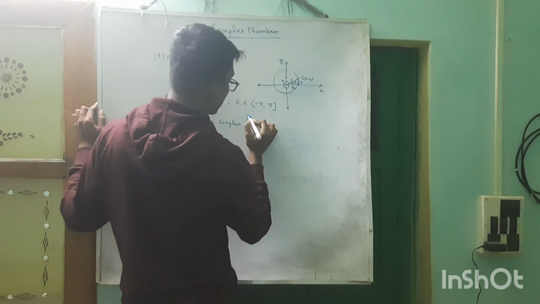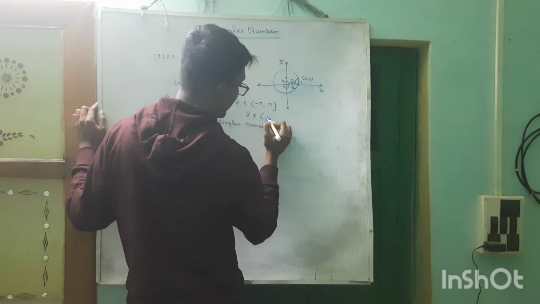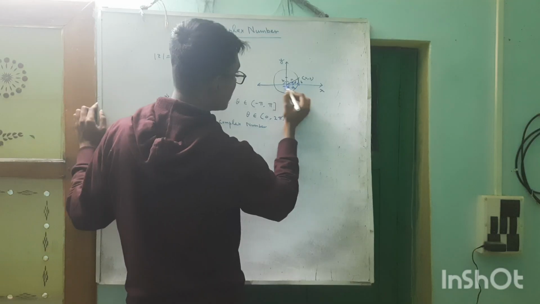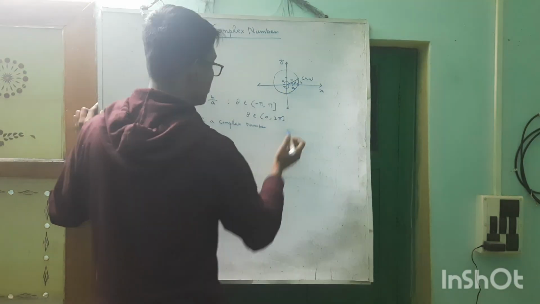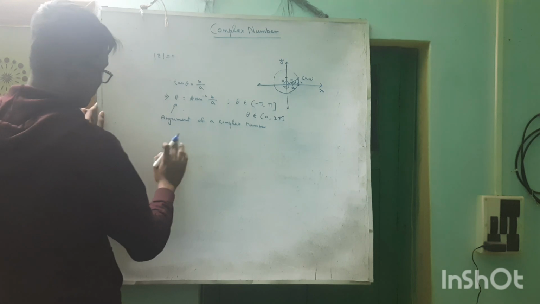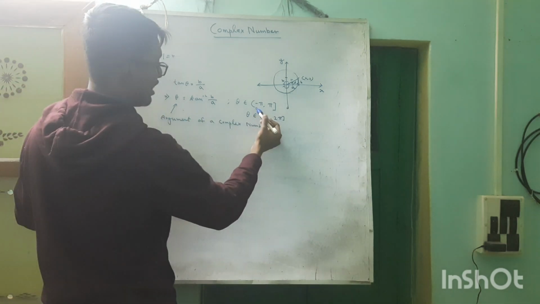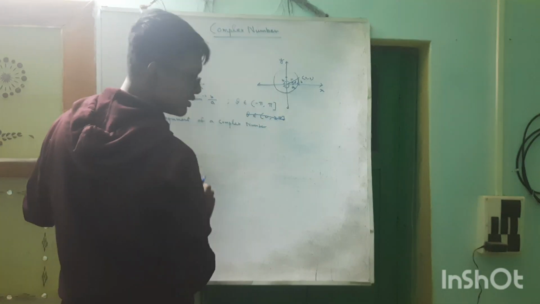We don't take theta up to 2 pi, that means a full cycle. We particularize the argument as minus pi to pi.